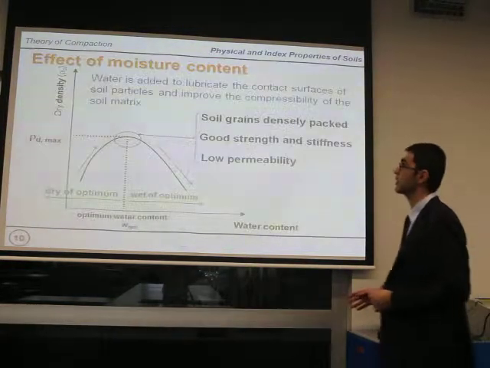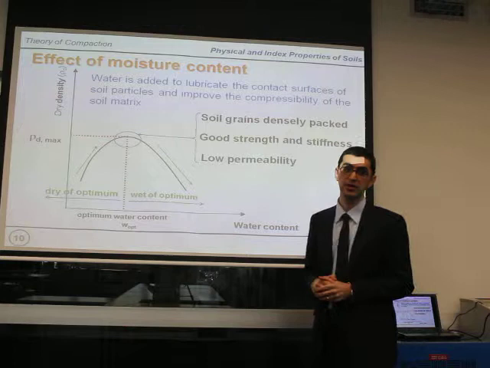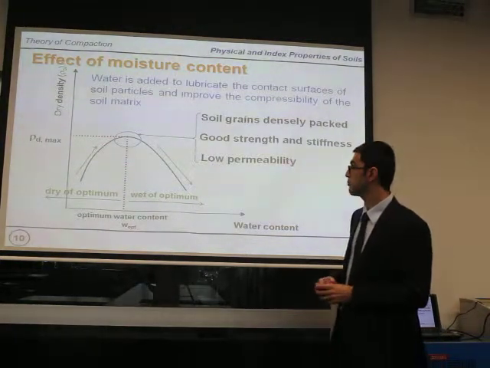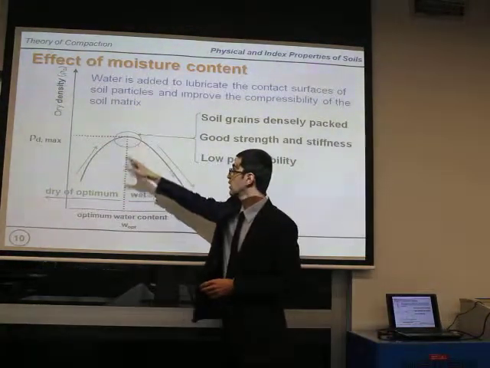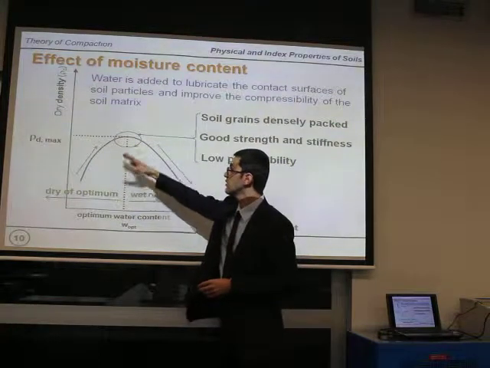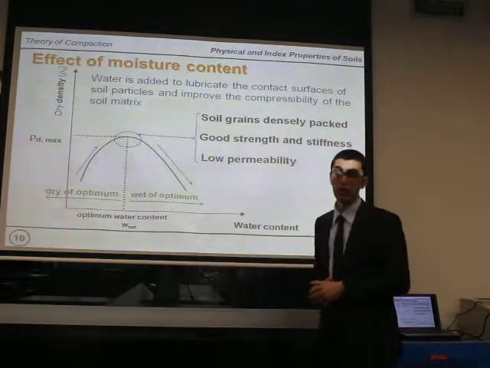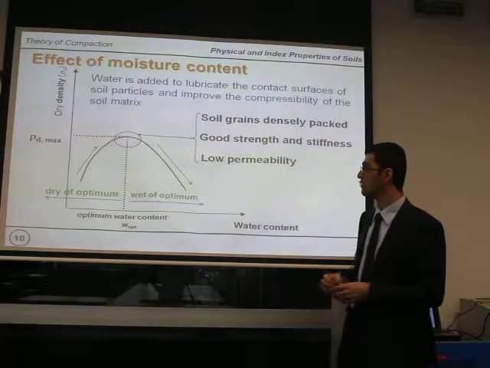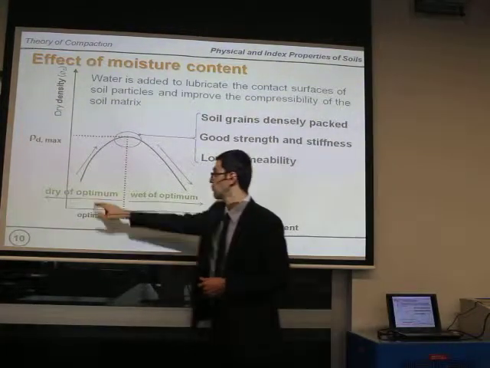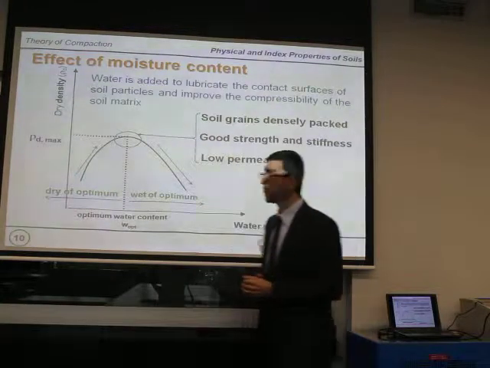So how is the moisture content affecting the density? As you saw earlier, by increasing the moisture content, you initially have an increase in the dry density, but after that you have a reduction. So why is it happening? Assume that you have a very dry specimen, for example around these points.